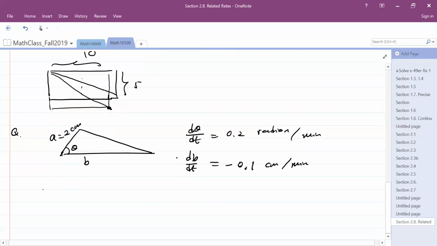So my question is, at the moment when theta equals pi over 3, how fast is the area changing?